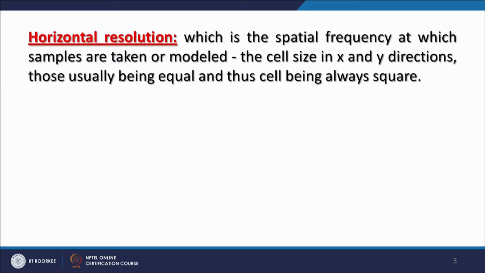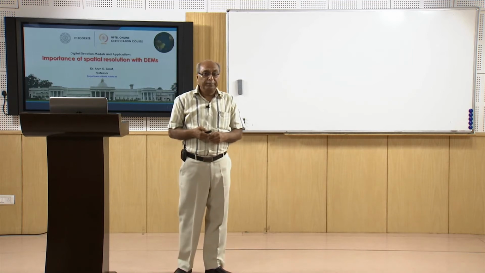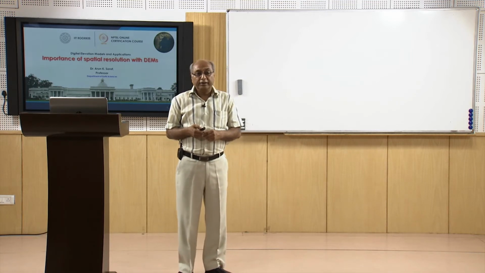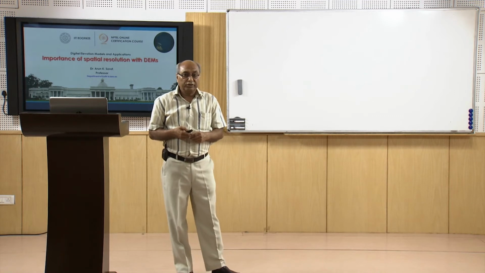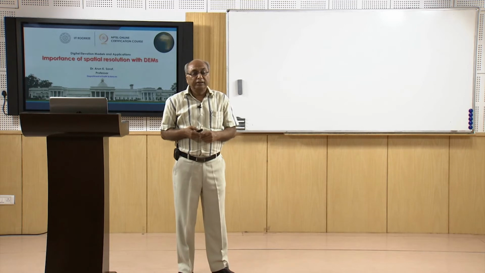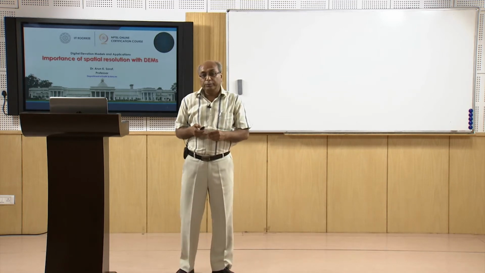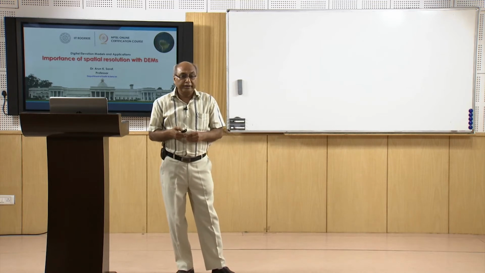If these are being constructed through remote sensing data, then the spatial resolution of the remote sensing data will control the spatial resolution of a DEM. But if digital elevation models are being constructed using interpolation techniques, then at that stage we can decide what should be the spatial resolution of the target DEM.